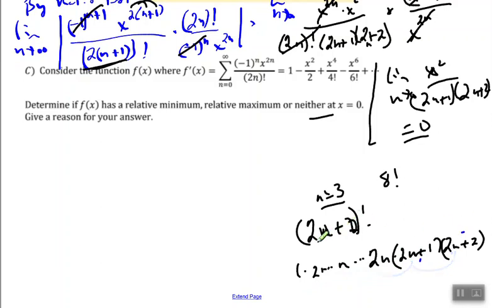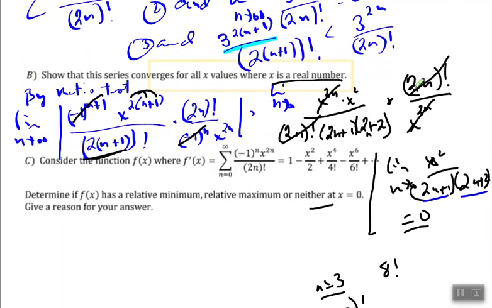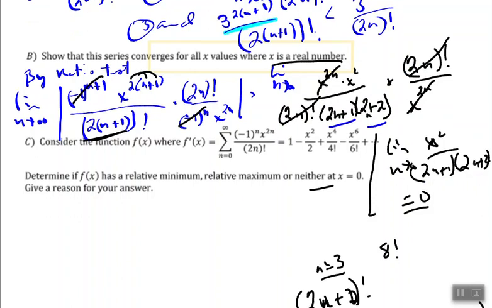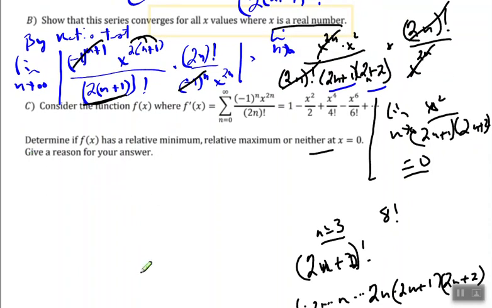So it doesn't go straight from 2n factorial to 2n plus 1 plus 2 factorial. You have to have these next numbers after 2n. So that's why the 2n factorial cancels out, and we have 2n plus 1 and 2n plus 2. It's probably the easiest way for me to explain that.